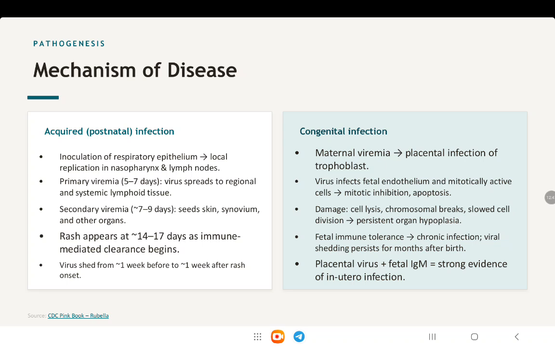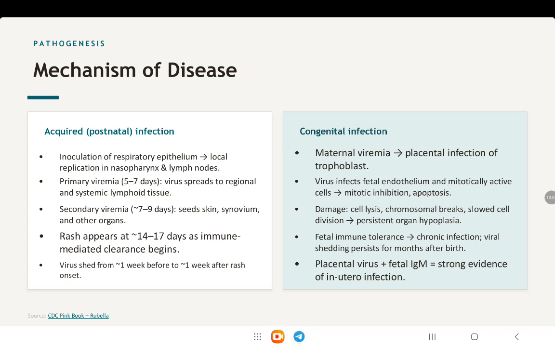This point is called the primary viremia. After more replication, the virus enters the blood again and causes secondary viremia, allowing the virus to spread throughout the body. When the immune system begins fighting the virus, the typical rash appears.